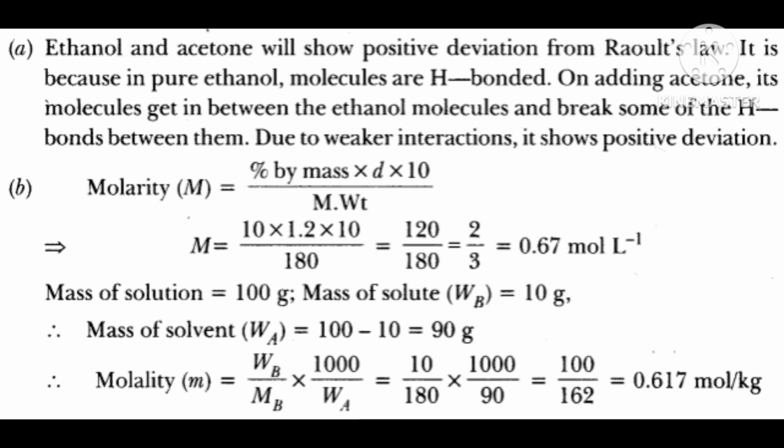Now 40 gram of dichloromethane they have given. Then 40 divided by 85, after solving, you will get 0.47 mol. Write mol, don't write mole. According to IUPAC, it is mol only.